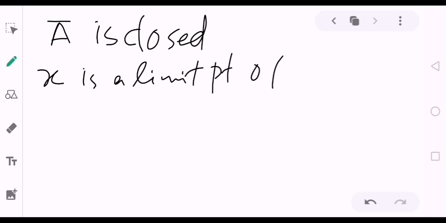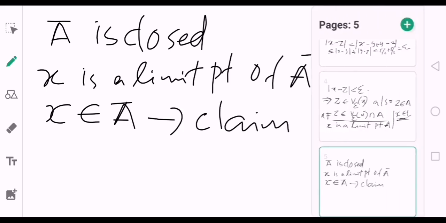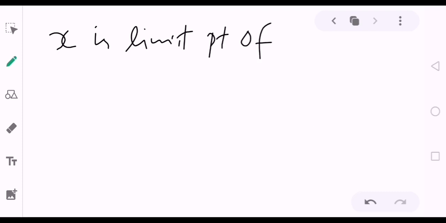So if x is a limit point of A closure, in order to prove that A closure is closed, we want to show that x is an element of A closure. So this is our claim. Let us take x to be a limit point of A closure.